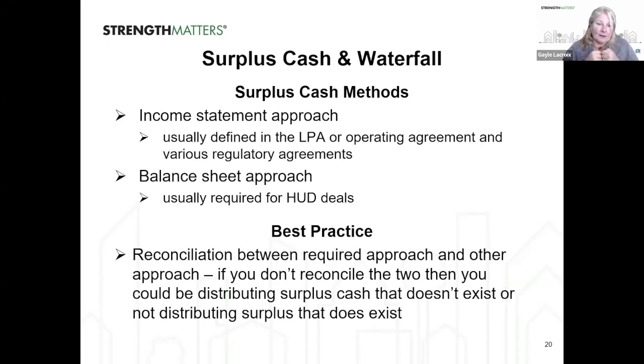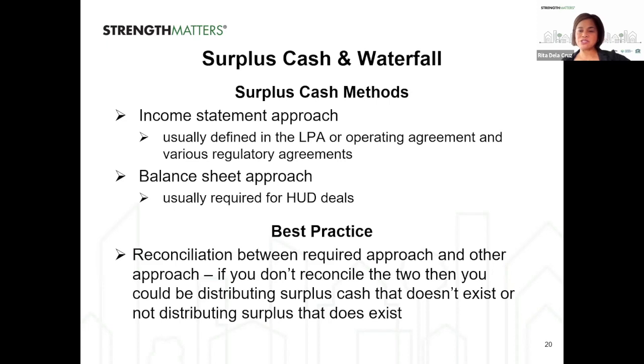Yeah. One more thing I want to reinforce. I think you already mentioned this, Gail, but I just want to reinforce what you said earlier. When you're doing the balance sheet approach for HUD projects or any other lenders that would require balance sheet approach, it's important that you exclude any cash that you need for other purposes.